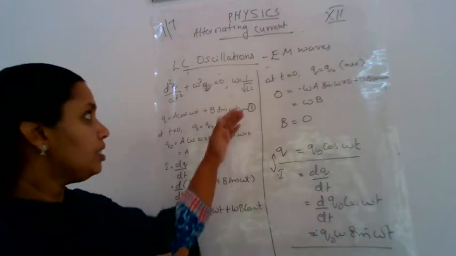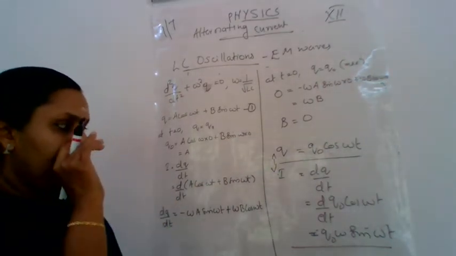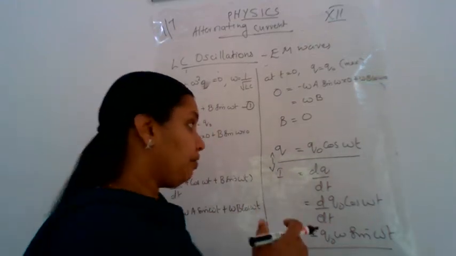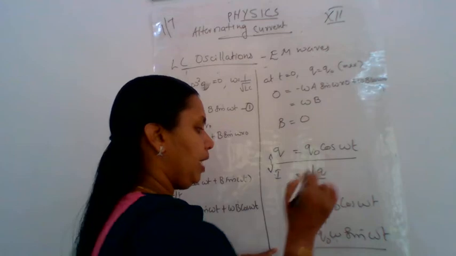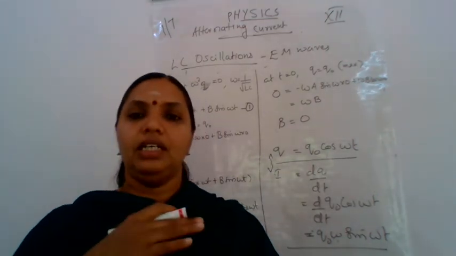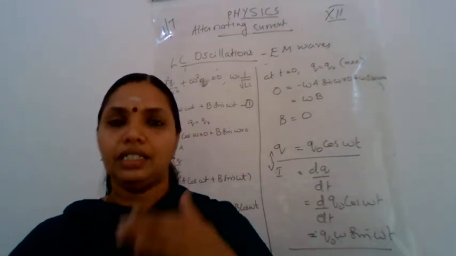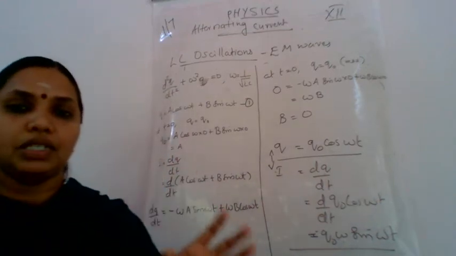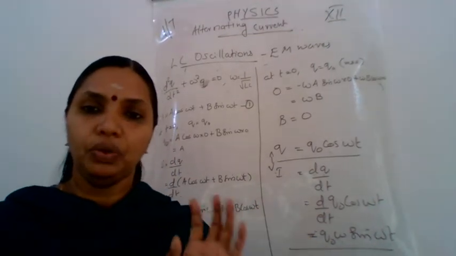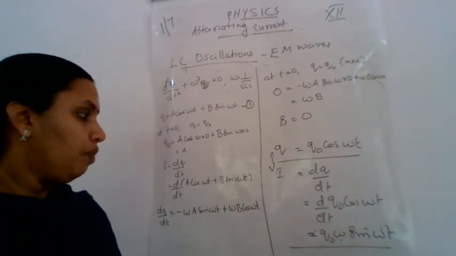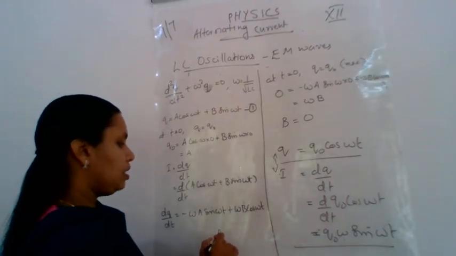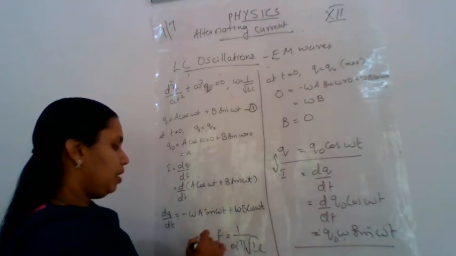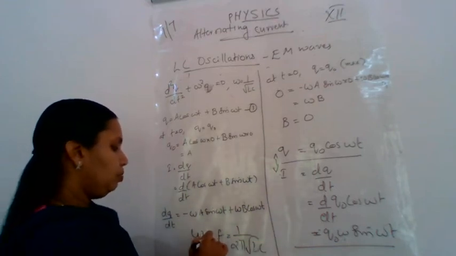Understood? So this is the mathematical explanation for this LC oscillation. So the current and charge oscillate, and what is the frequency? Frequency is omega. Okay, so the variation of the electrical energy and magnetic energy is with the frequency, and omega is equal to 1 by root LC, and the linear frequency we can write is 1 by 2 pi root LC, because omega is equal to 2 pi f.